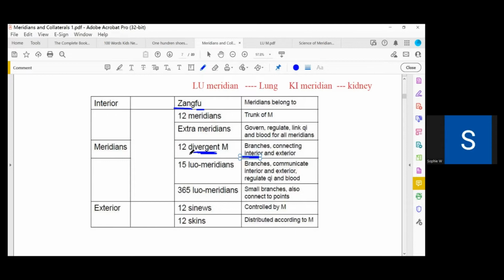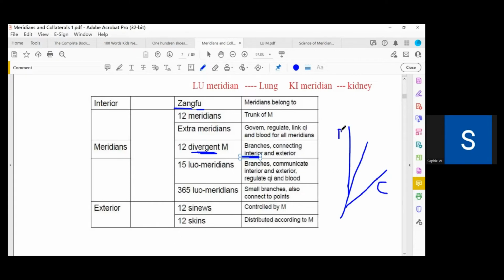Right. So from the definition here, divergent are still branches, right? Still branches. That's the branch, special branch. And this one, relatively deeper. Collateral, like this one, that's the collateral.